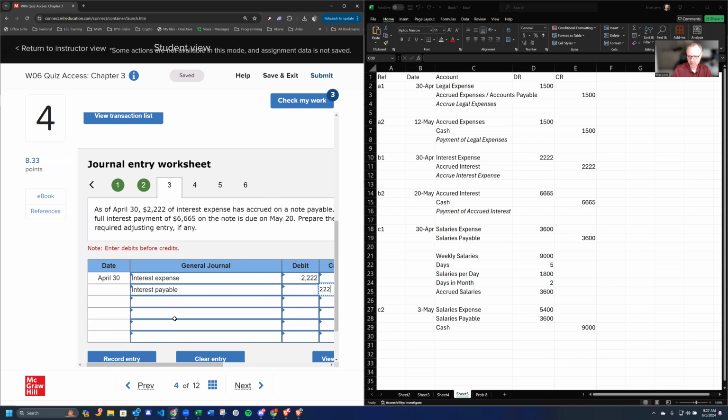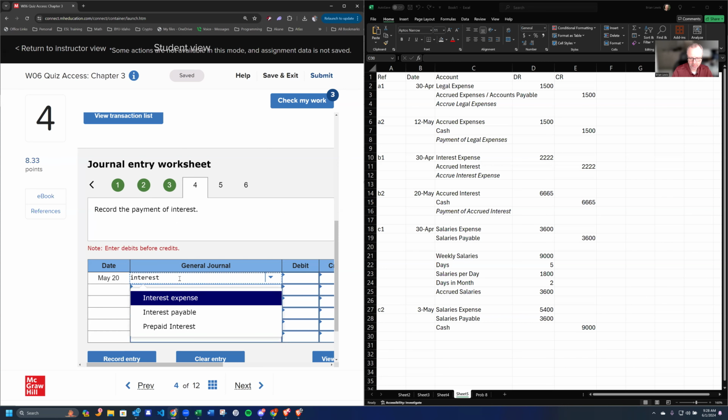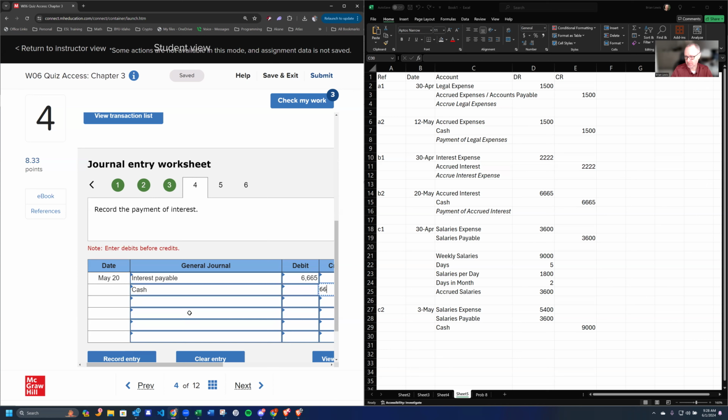There we go, for 2,222. And then when we pay it, it's going to be accrued interest, so interest payable for 6665 and interest, no, this is cash. Cash for 6665.